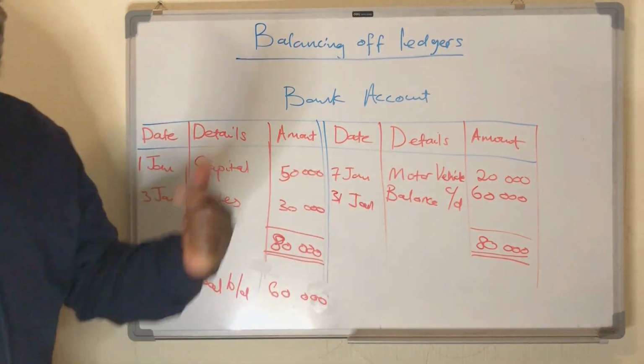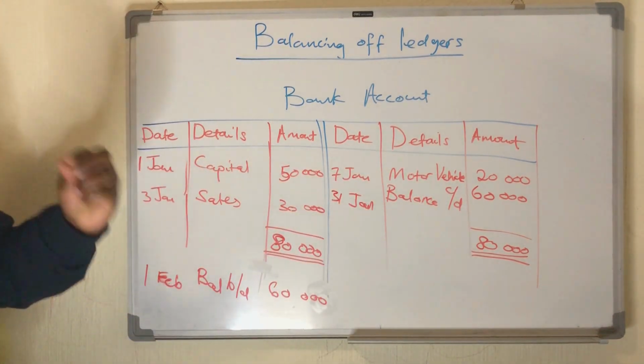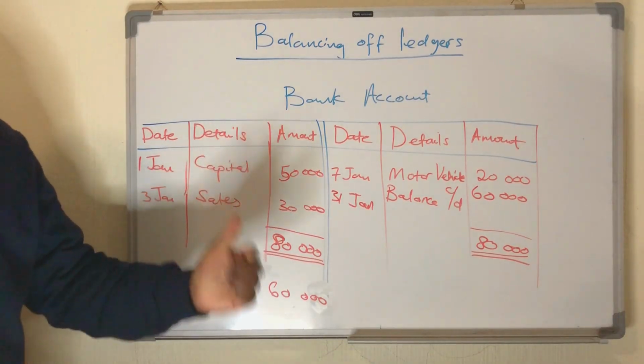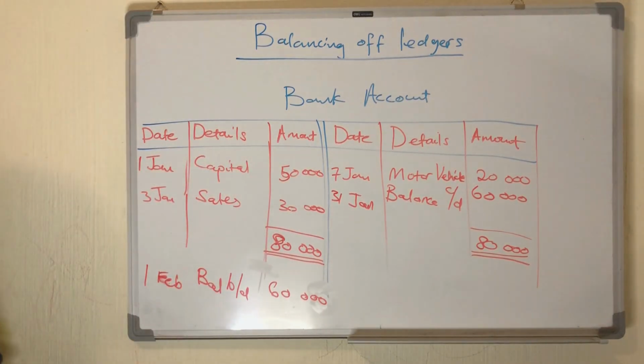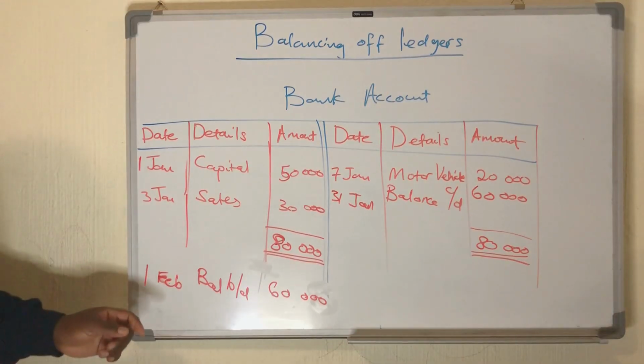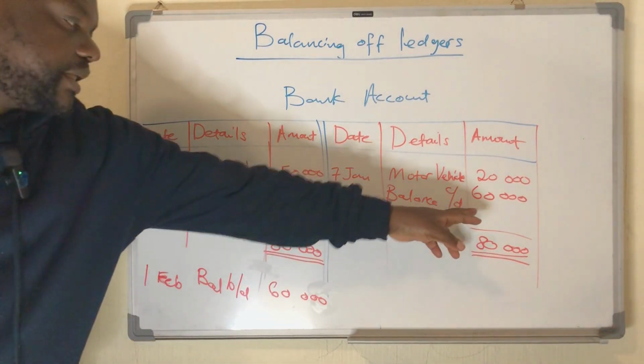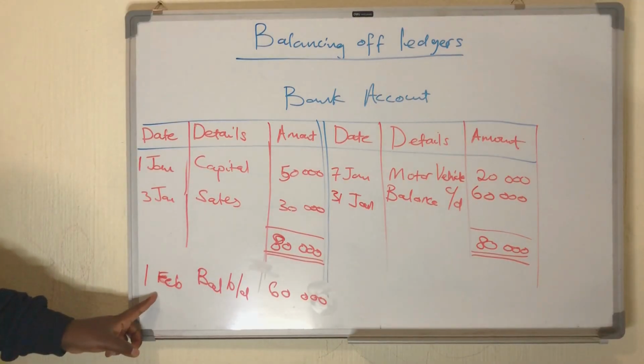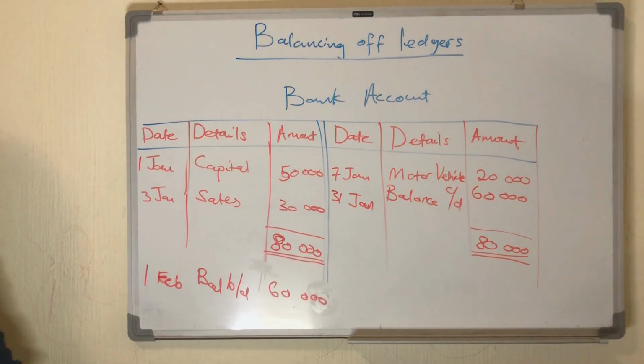That balance CD is simply telling you what you are left with in that account, and what you take with you to the next month. And so the balance CD on the opposite side becomes balance BD. The amount remains the same. So basically, that's how we balance off ledgers.